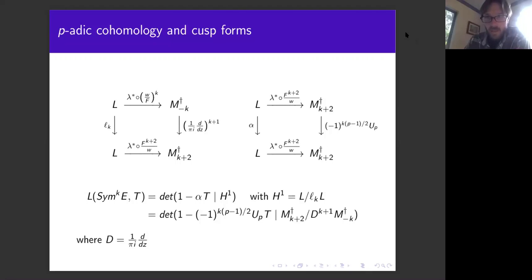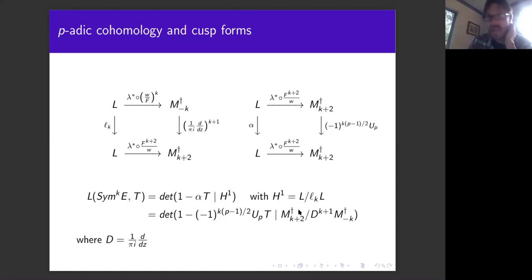That's one. And then two, sorry, I can't see this other side of the screen. Zoom, there we go. So what this commutative diagram does is give an isomorphism between Dwork's p-adic cohomology space and a p-adic space of modular forms.